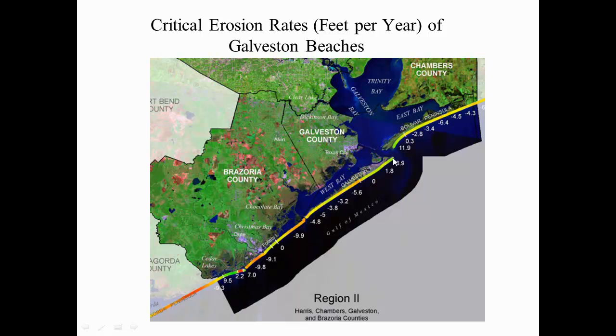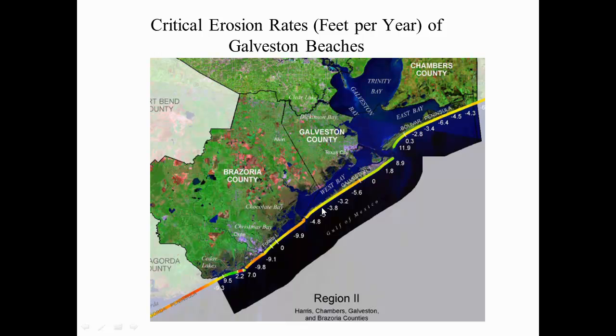And again, I showed you this photograph several slides back of Apfel Park, directly behind the south jetty. That beach is growing by about 8.9 feet per year. And just behind the north jetty, that beach is growing about 11.9 feet per year. And those are indicated by these green segments.